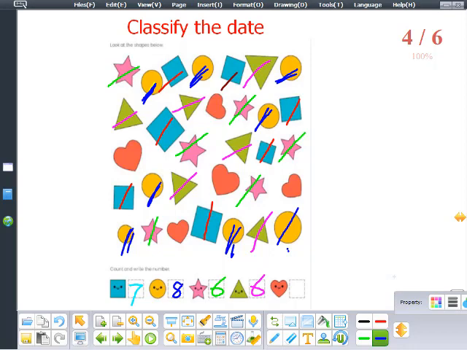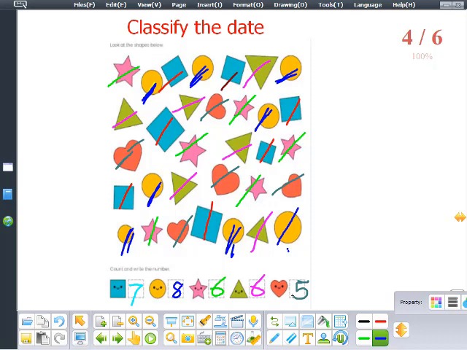Let's count the heart. 1, 2, 3, 4, 5. Can you see any other heart? Excellent. There are how many hearts? 5. Let's write 5. Right after me. 5. Well, is it easy?